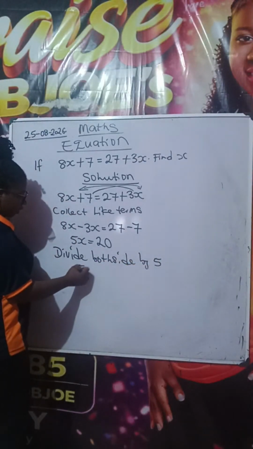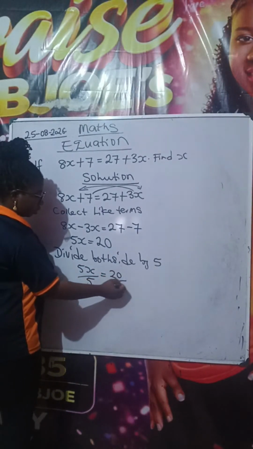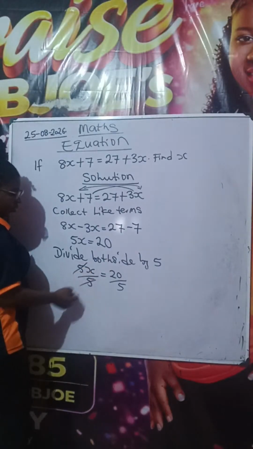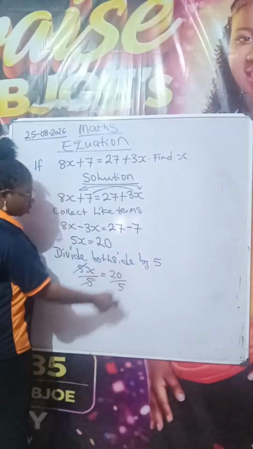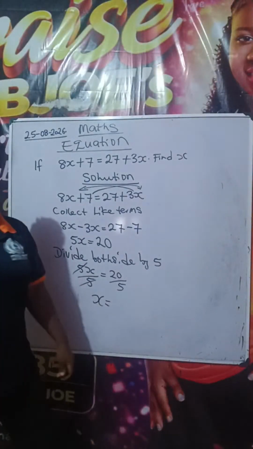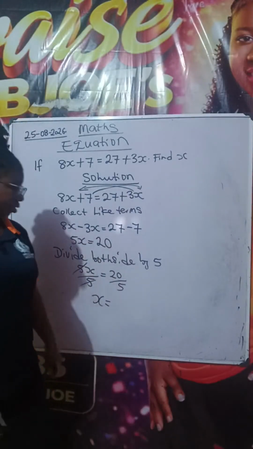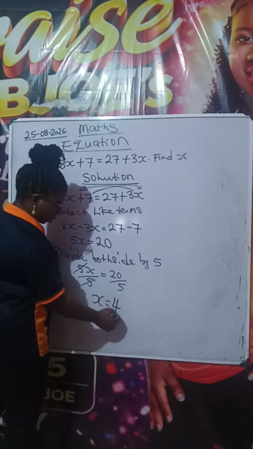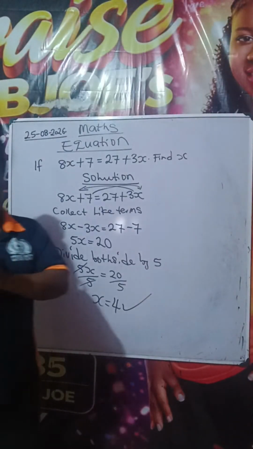And we have 5x over 5 equals 20 over 5. The 5s cancel, and we have x equals 20 divided by 5, and that will give us 4. So this is the answer. If this is clear, a round of applause for yourself.